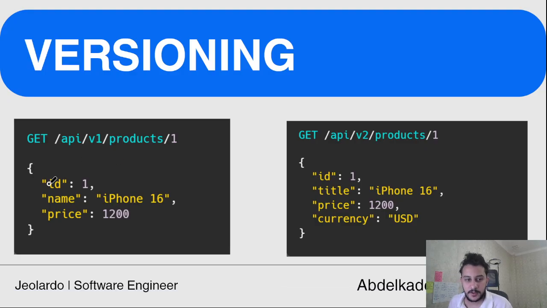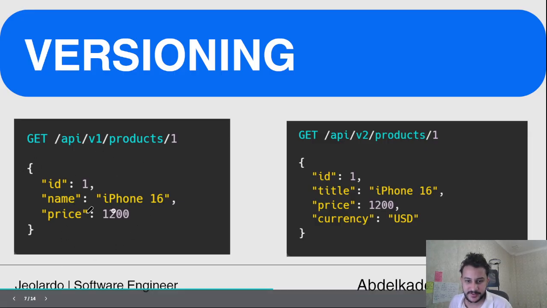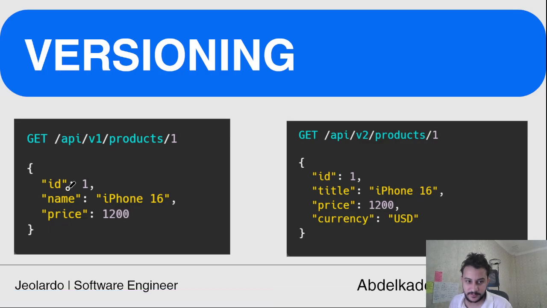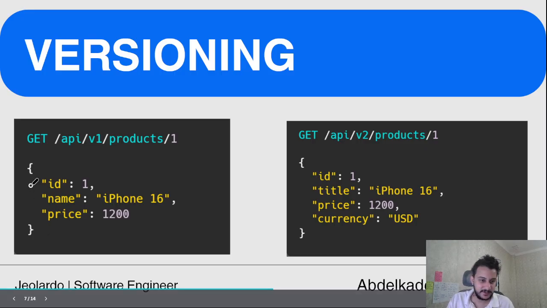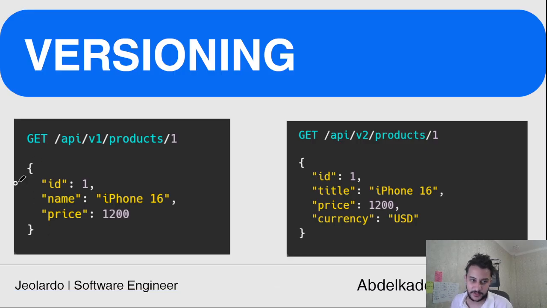For example, you build an API, and let's say you don't make a version. You build an API for your e-commerce, and you make product attributes, here the name, the price, and the ID of the product, and you just let the front end get your API and fetch the data, and almost done.